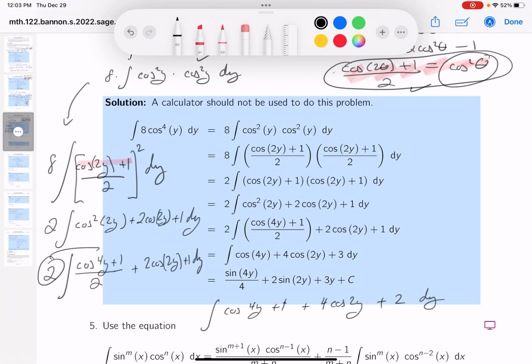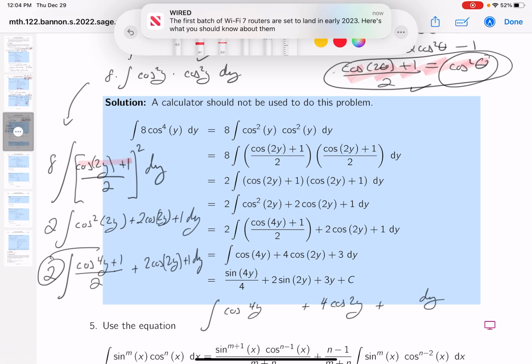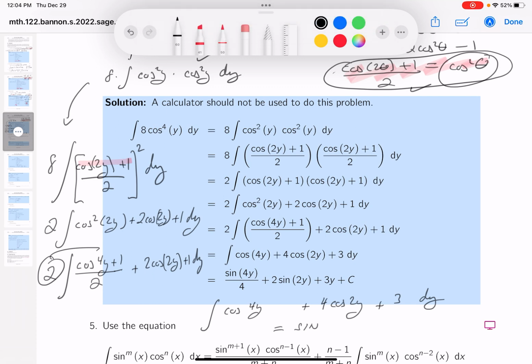They're worth 3. So let me put that down. One step at a time. Well, that's going to be sine of 4y over 4 plus 4 sine of 2y over 2 plus 3y plus c.